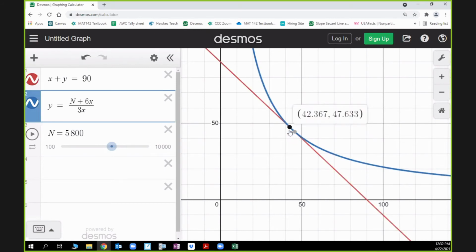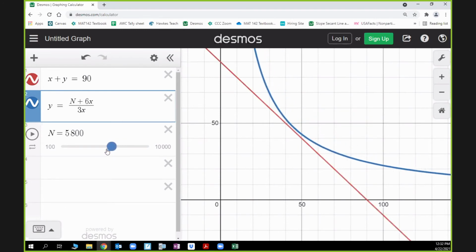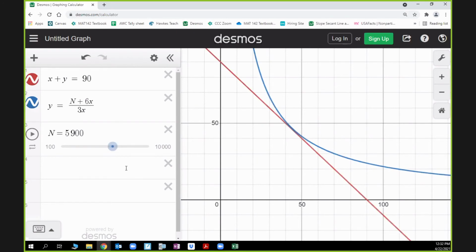But we're trying to find a point where they just meet. So we're still within our budget, but we still have the maximum output possible. This method of Lagrange multipliers is doing this in a weird way. It's finding the best place where those two functions are tangent.